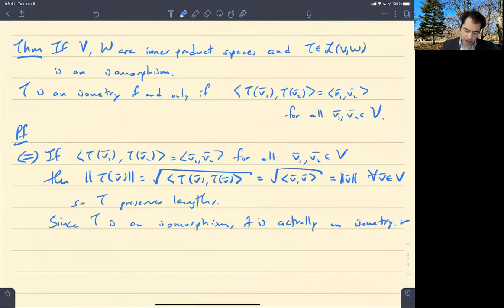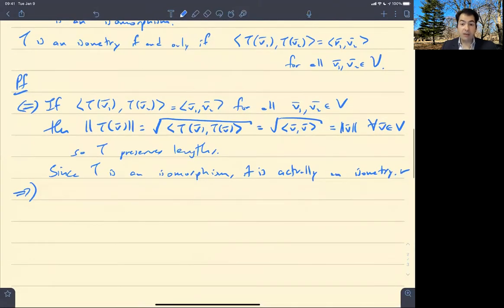Okay, so the more interesting direction is going the other way. Say you have a map that preserves lengths, you want to say that it preserves inner products.